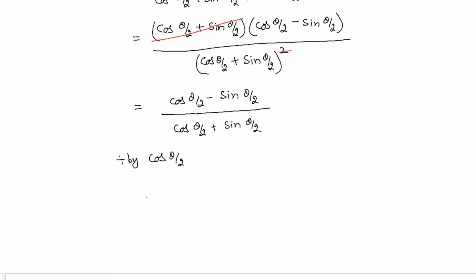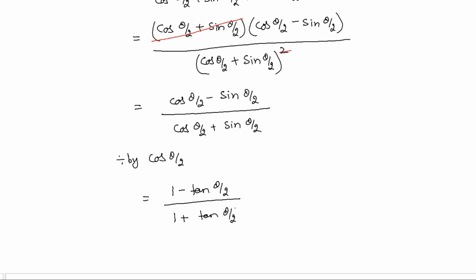If you divide the first term, cos of theta by 2 divided by cos of theta by 2 will be 1, minus the second term, sine of theta by 2 divided by cos of theta by 2, which is tan of theta by 2, whole divided by the denominator, where cos of theta by 2 divided by cos of theta by 2 is 1 plus sine of theta by 2 divided by cos of theta by 2, which is tan of theta by 2.